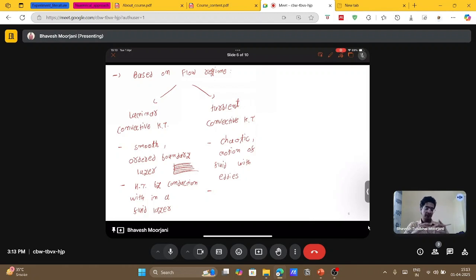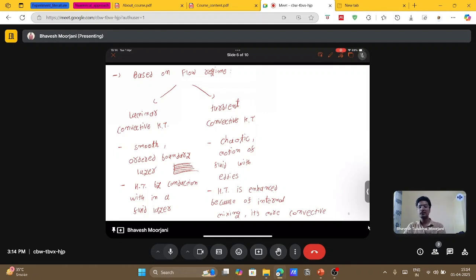So heat transfer is enhanced because of this mixing in the turbulent region. So heat transfer is enhanced because of internal mixing, you can say. So it's more convective, right? So that is the basic difference.